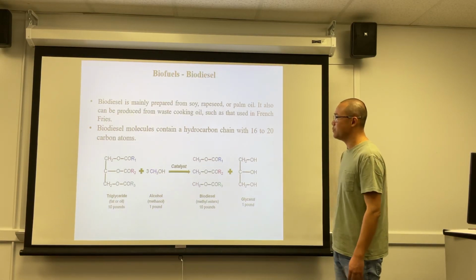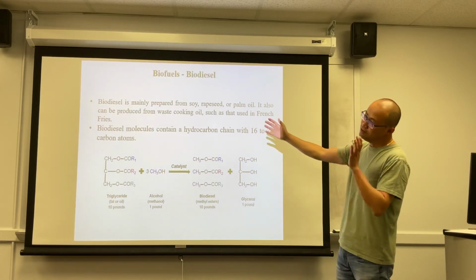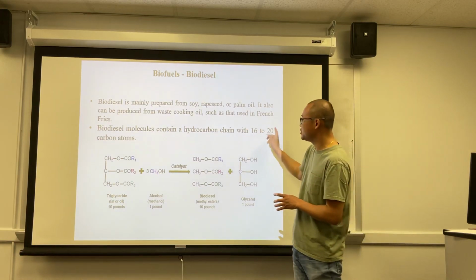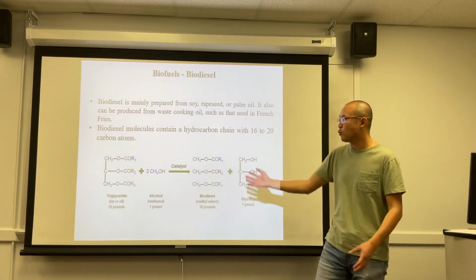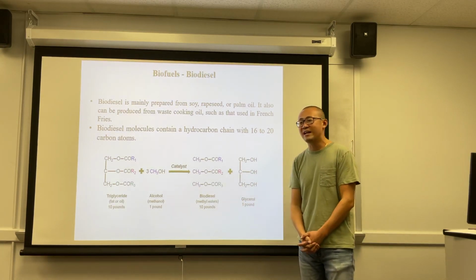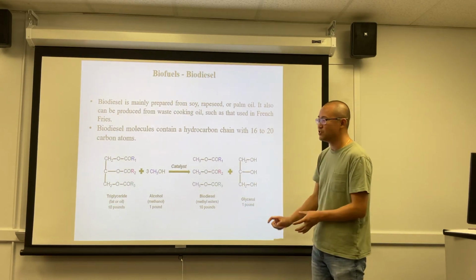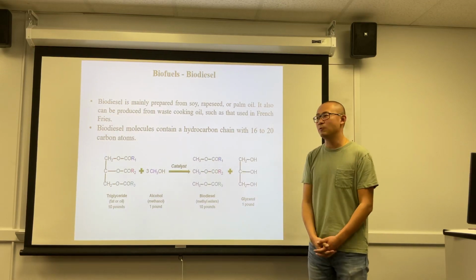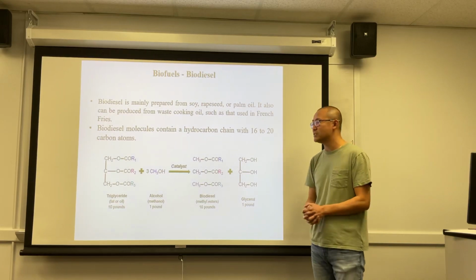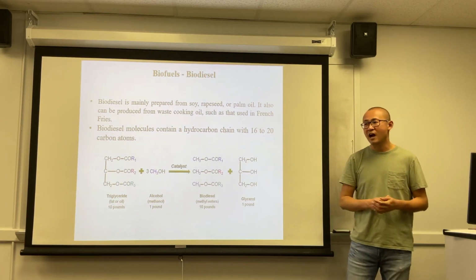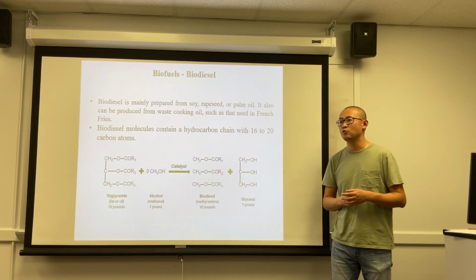That's called biodiesel. Again, biodiesel contains hydrocarbon chains ranging from 16 to 20 carbons. Basically, you're burning fatty acids, but of course they have to change the fatty acids to a simple ester instead of burning vegetable oil or fat directly. But again, this is one of the directions we're using nowadays to count as renewable energy sources.